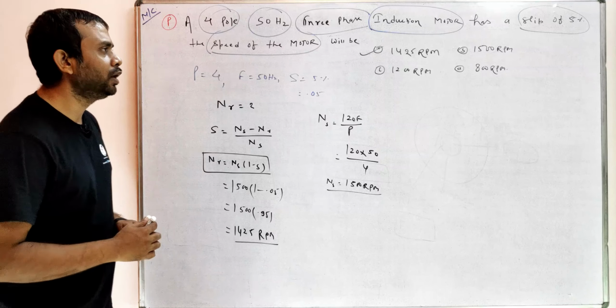A three-phase 440 volt 50 hertz induction motor. So again we are talking about a three-phase induction motor, and we have a supply voltage of 440 volt and frequency of 50 hertz. It has 4% slip, so the slip value is given in this question, which is 4%.